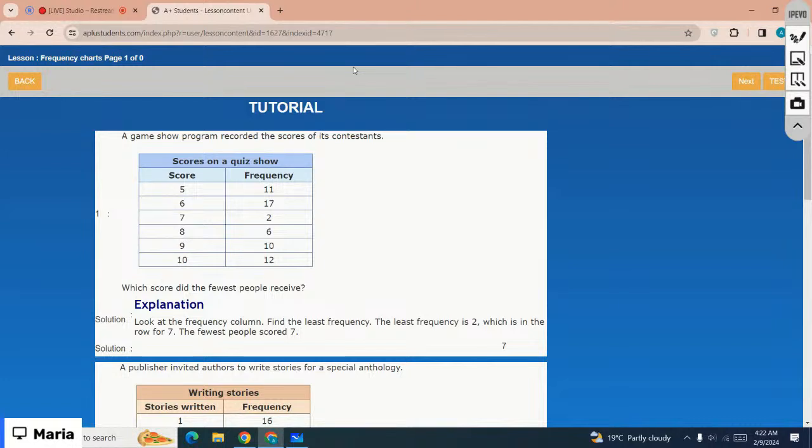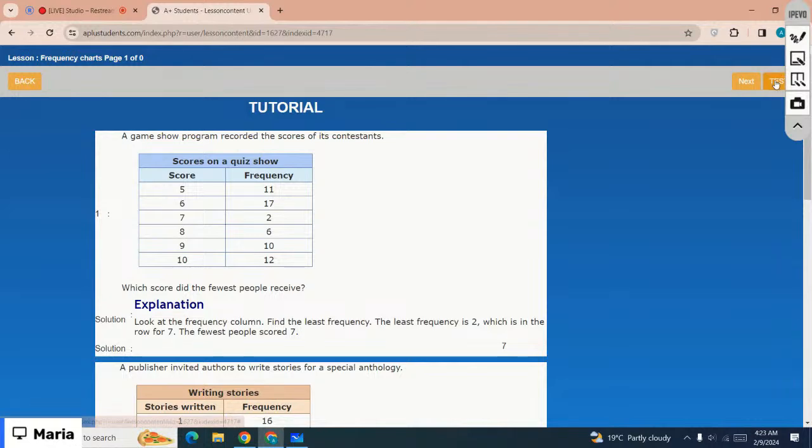Which score did the fewest people receive? You are given the score and the frequency. Frequency means how many people scored 5, for example. Frequency is actually the people. So, which score did the fewest people receive? Yes, 7. Two people scored 7, so the score is 7.